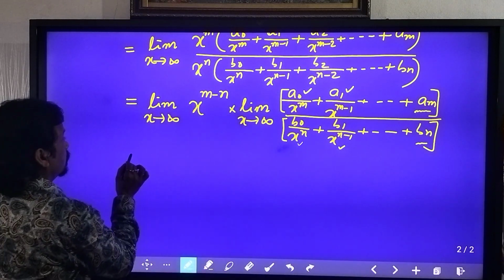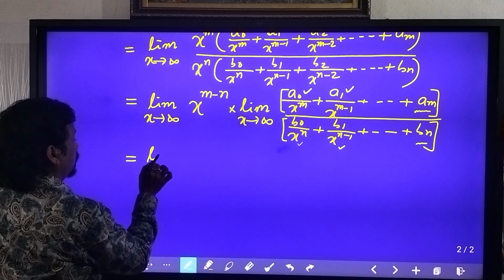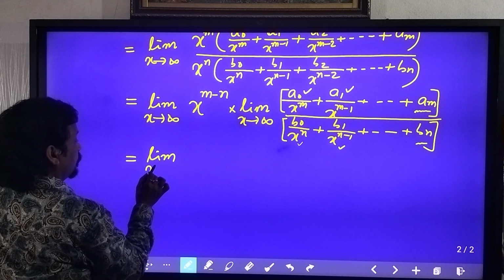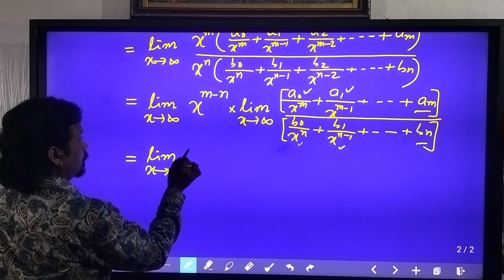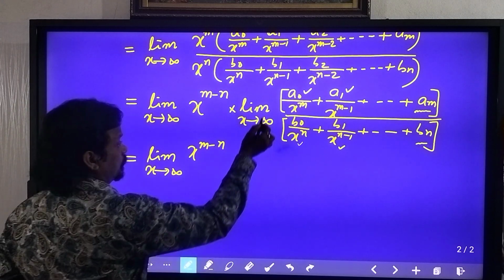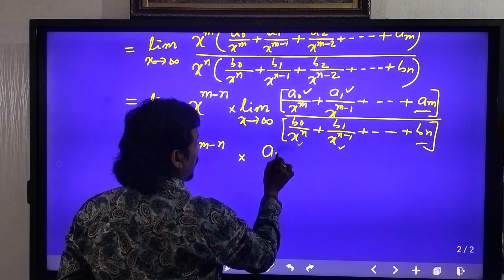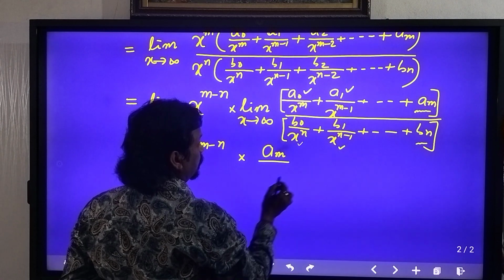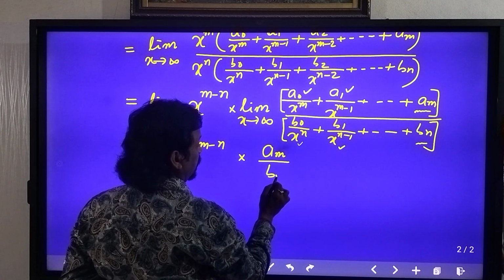So I am writing this as limit x tends to infinity x to the power m minus n into am in the numerator and bn in the denominator.